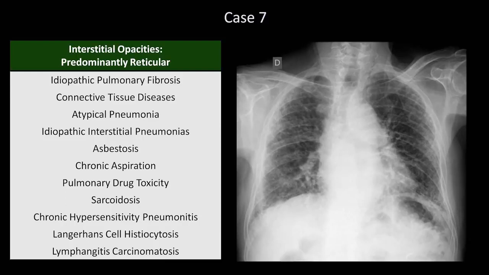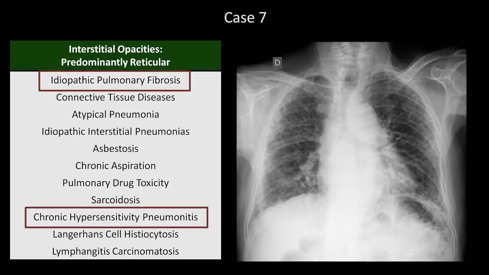Although I don't think this was mentioned in any of the earlier lessons, this patient has a slight subpleural predominance of the opacities, which mostly suggests idiopathic pulmonary fibrosis, hypersensitivity pneumonitis, and rheumatoid arthritis-associated interstitial lung disease. Since there is no mention of a history or exam findings suggestive of RA, either IPF or hypersensitivity pneumonitis are the most likely diagnoses.